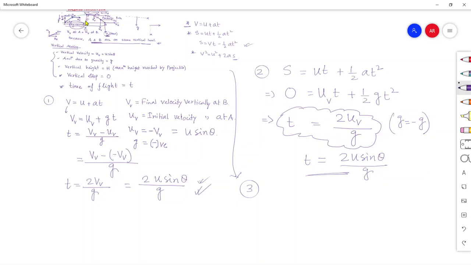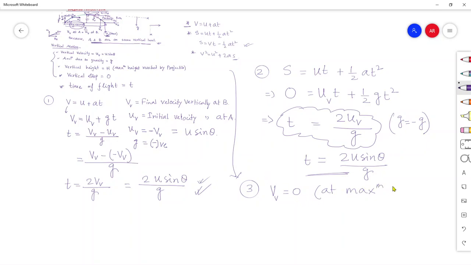We want to find the vertical height up to which it can rise. So the maximum height. So this is what we are going to find. And this is why we are considering the vertical velocity finally to be 0 at maximum height. We are not going to consider the entire journey, rather we are segmenting it, either the rising part or the falling part. So right now I'm doing the rising part.